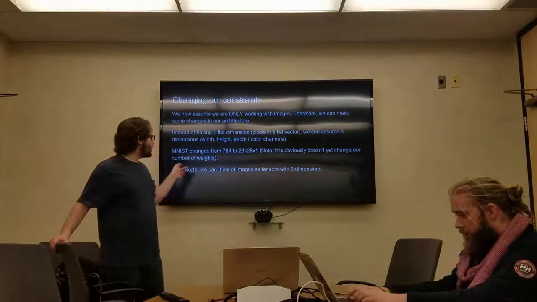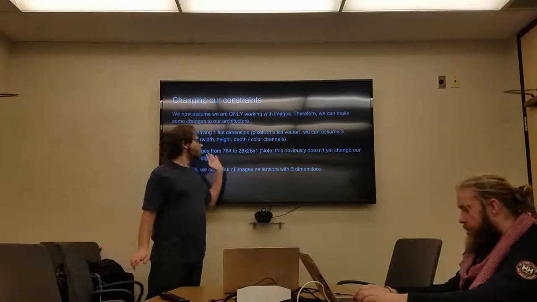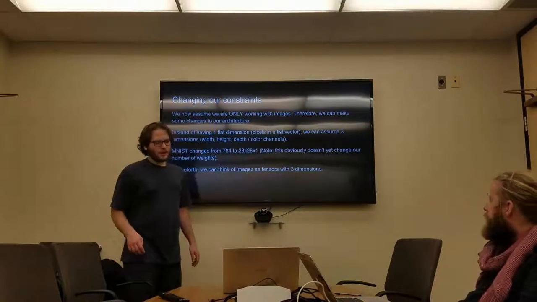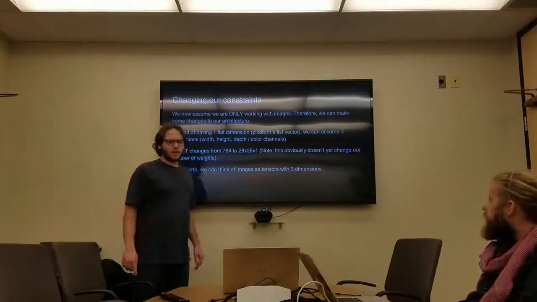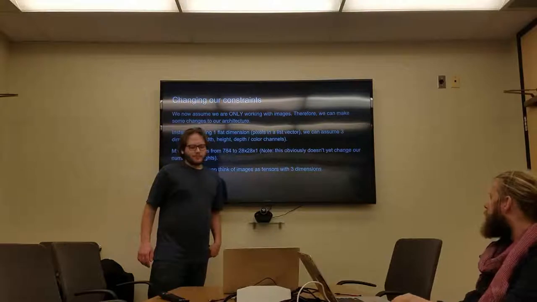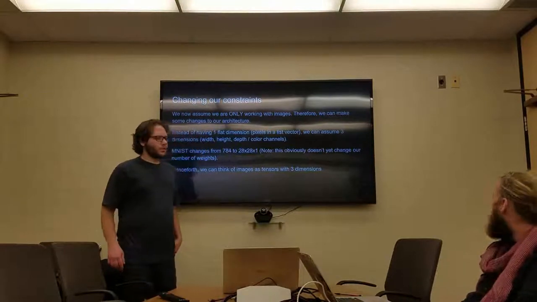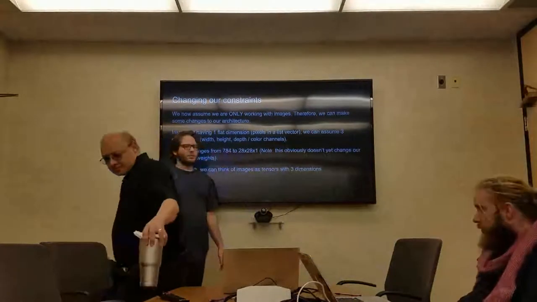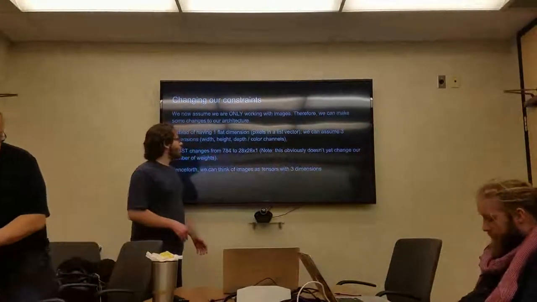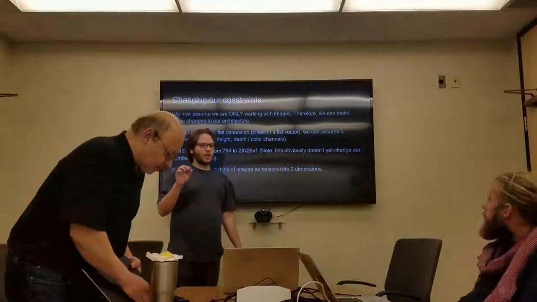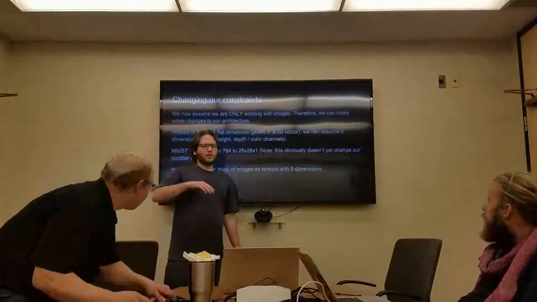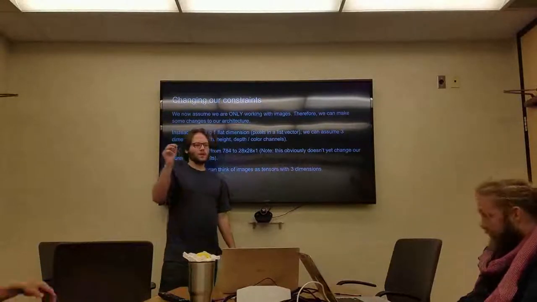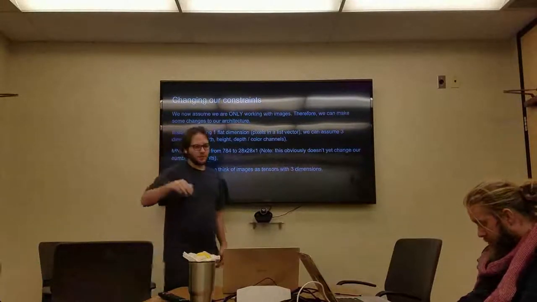So in MNIST, we can change that 784 back to its native 28 by 28 by 1. No color channels on that because it's just a black and white image. At this point we haven't changed our number of weights or our computation, but it lets us handle that first problem a little more easily, by being able to know that one pixel under another isn't independent of the other one.